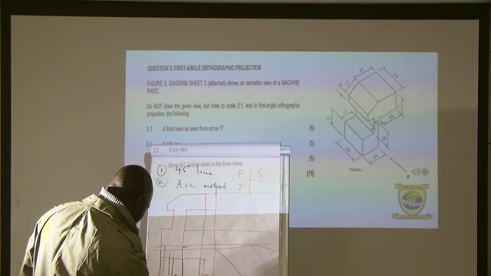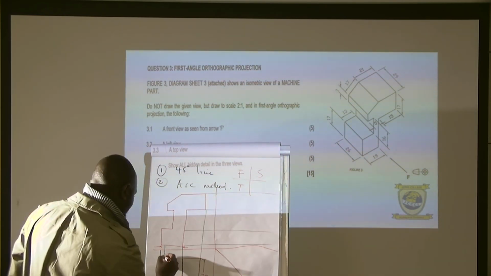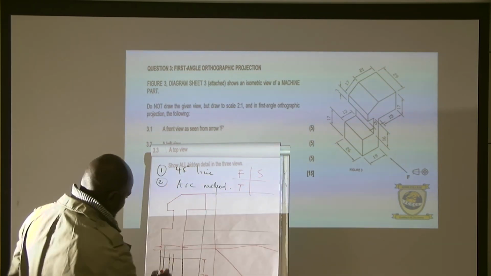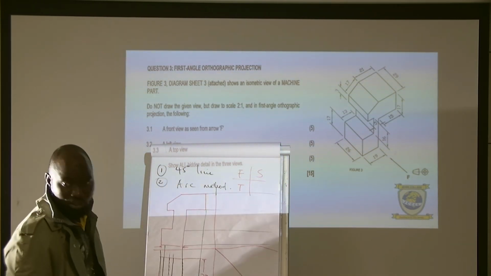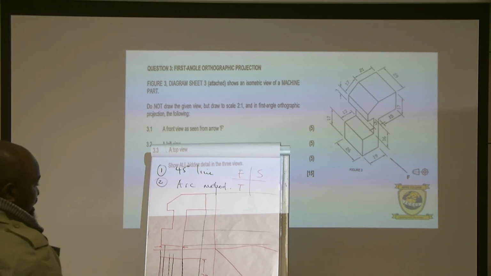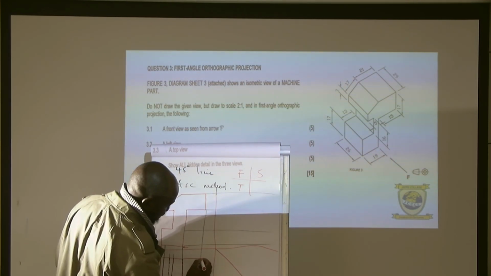That one there is a hidden line, so it will be a dotted line. And that one there is a visible line, so it will be solid, and that would be your top view.